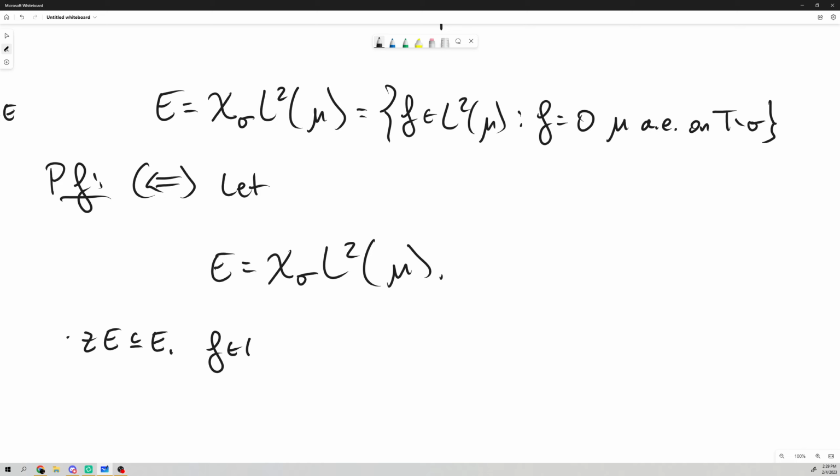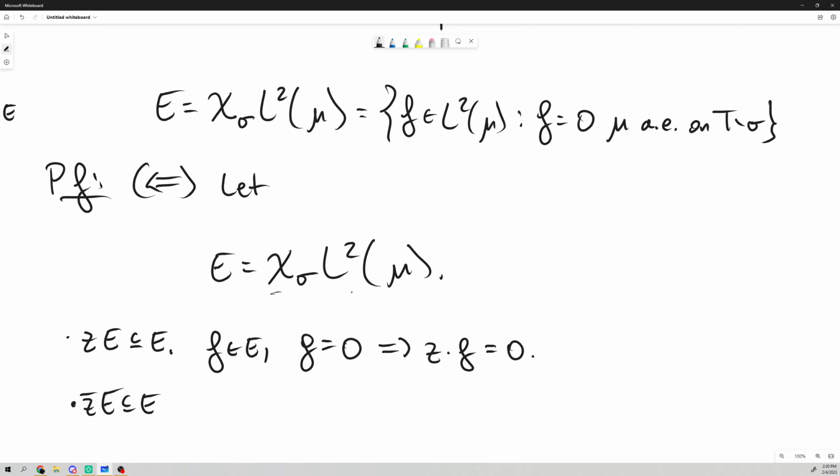So if f is in E, then f is equal to 0, and that obviously means almost everywhere. And that obviously will give us that z times f is equal to 0 almost everywhere. So that's easy. And the same thing holds for the conjugate condition. So if I take the conjugate of E, that is obviously going to be a subset of E. So we get double invariance just by virtue of this representation using a characteristic function. Really easy implication to be proven here.